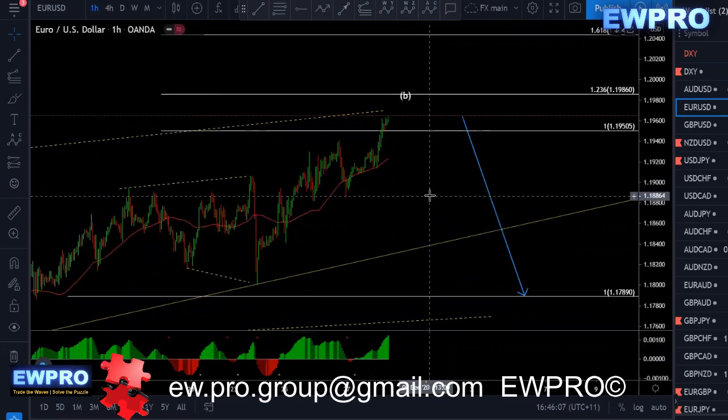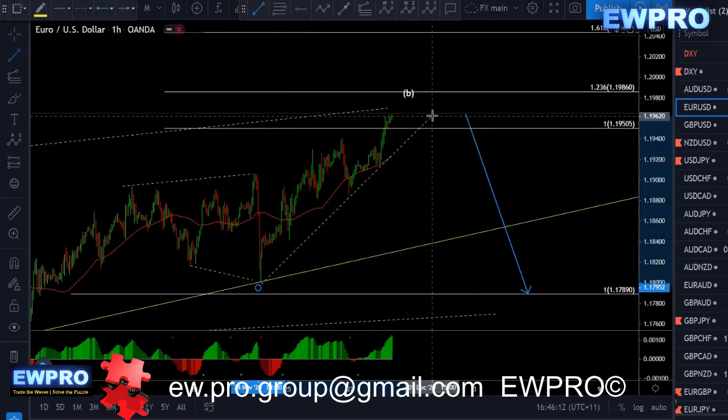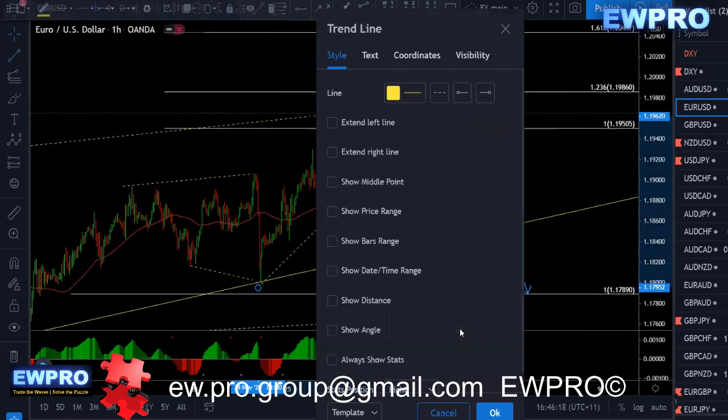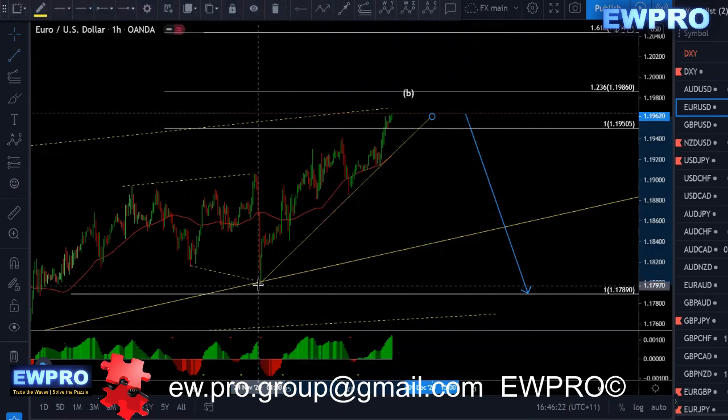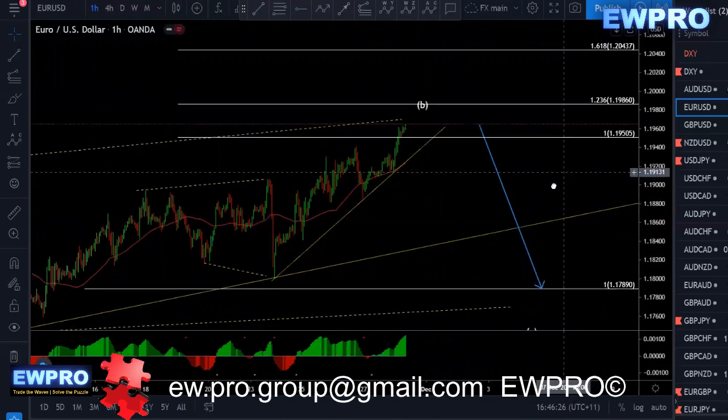So you can look for the buys. Let's get this trend line. You can look for the buys.